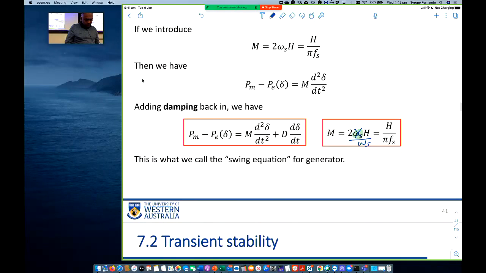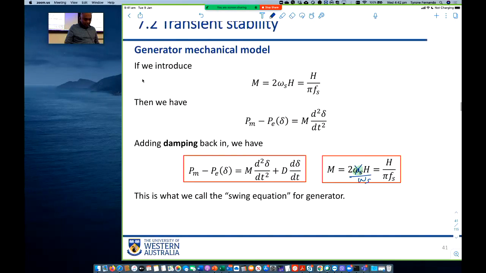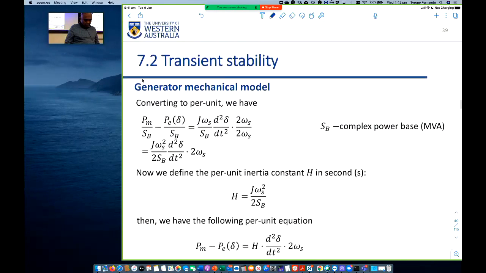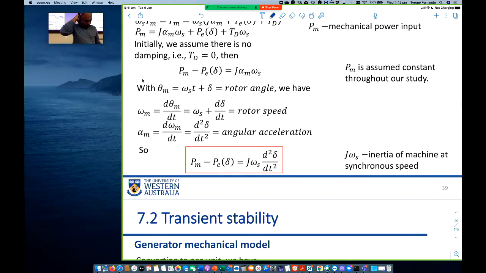Because if you have the differential equation, from the differential equation you can actually get it.